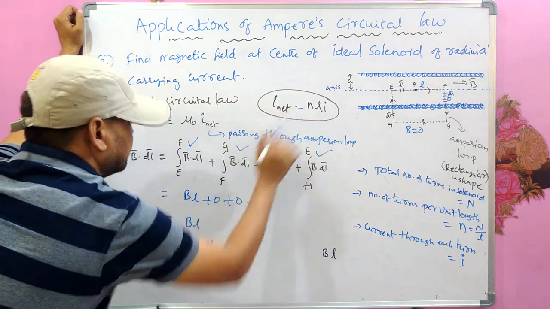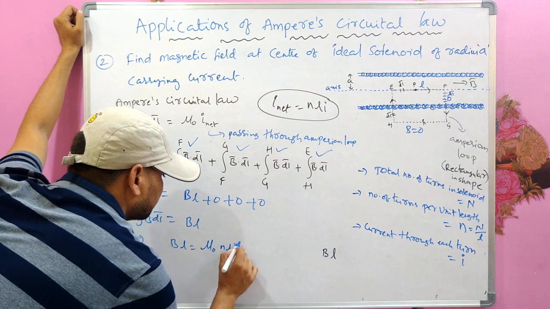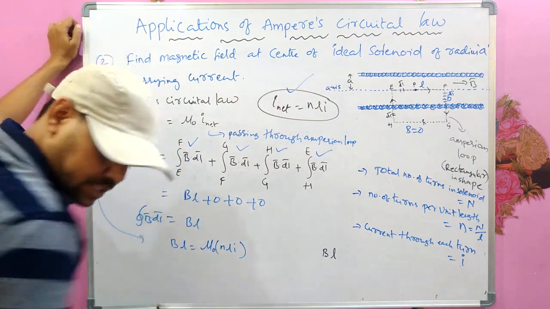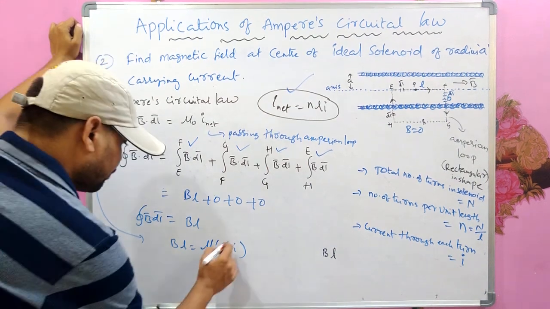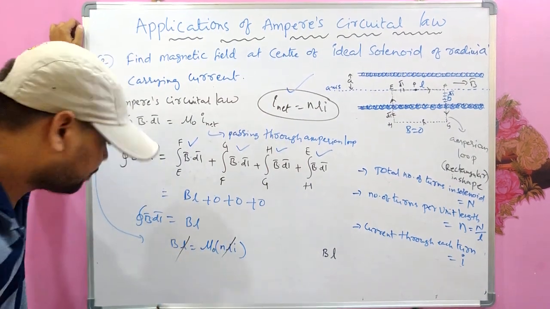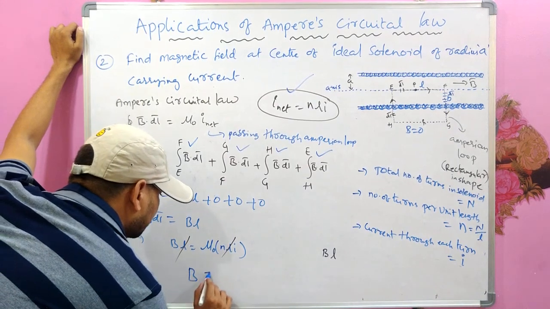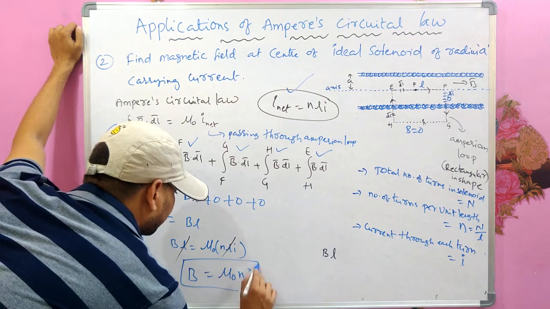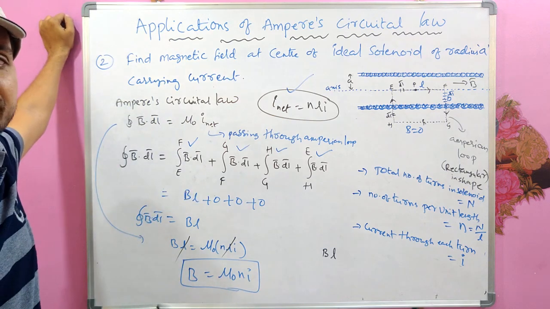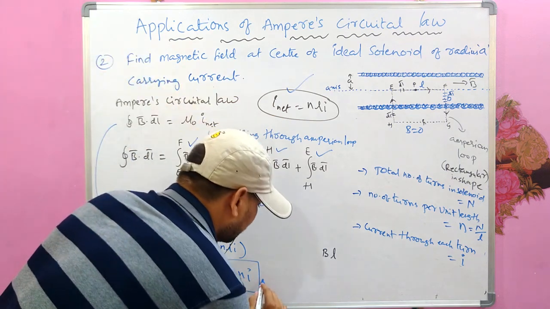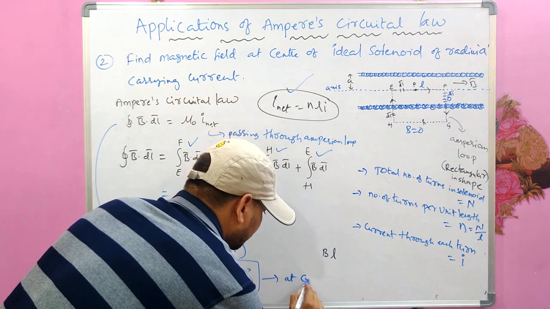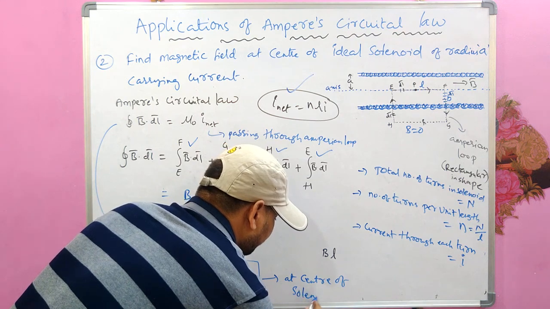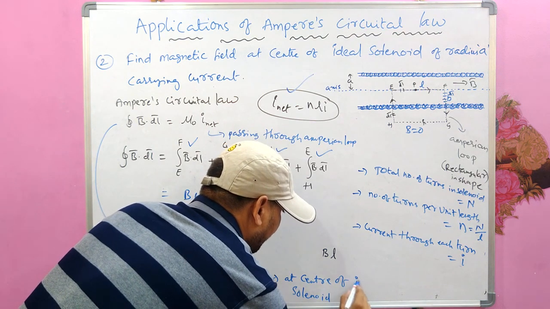I net is what? N L I. This we have already calculated. So this L and L cancel. What do we get? B is equal to mu naught N I, which is at the center of the solenoid, at the center of an ideal solenoid.